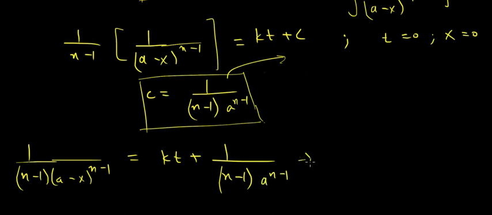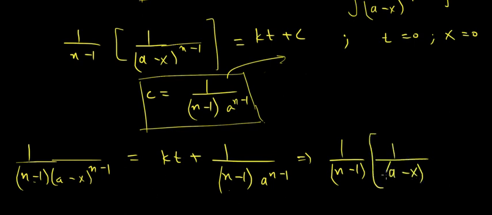Just rearranging it, 1 upon n minus 1 is the common factor, so taking this part out, we get 1 upon (a minus x) to the power n minus 1 minus 1 upon a to the power n minus 1 equals kt.